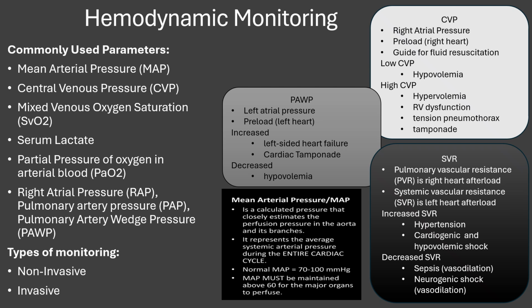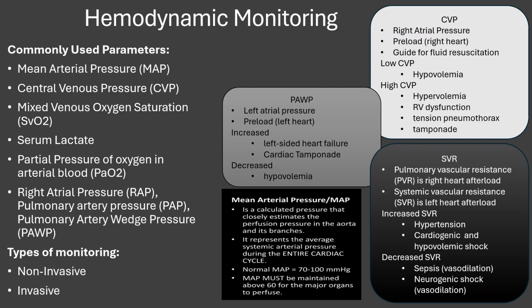Things that'll cause increased systemic vascular resistance will be hypertension, because your vessels are going to be clamped down, plus your left ventricle has to go against the aorta, and when your aortic pressures are high like that, that means your left ventricle is going to have to work so much harder.